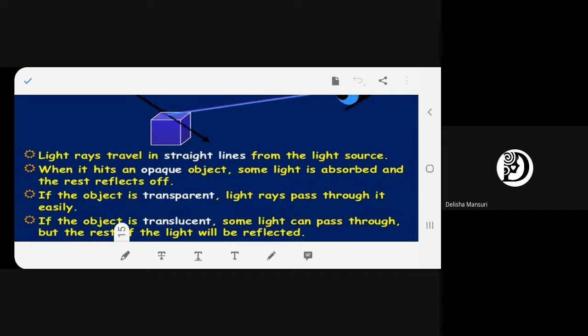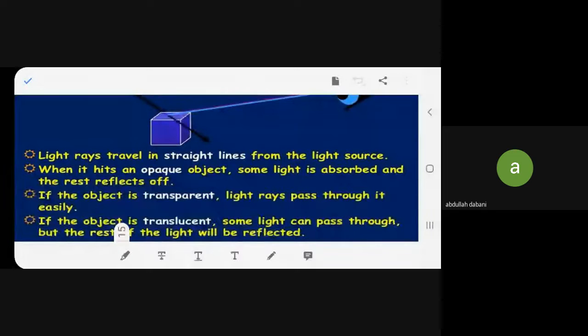We can see through it. Translucent is like tinted glass, white glass, smoky glass. Have you observed smoky glass? You can see someone is on the other side, but you cannot make out who it is. That is translucent. And in opaque, we cannot see. Any problem? You understood, okay.